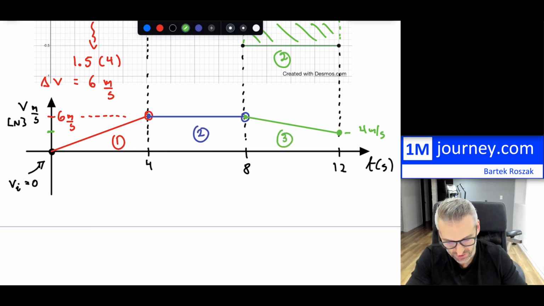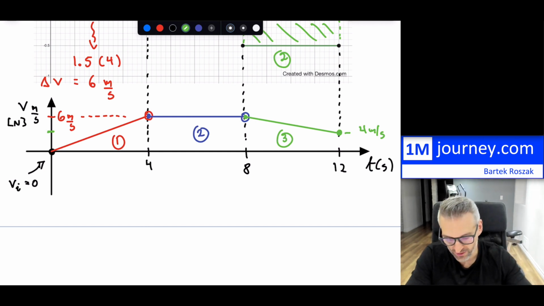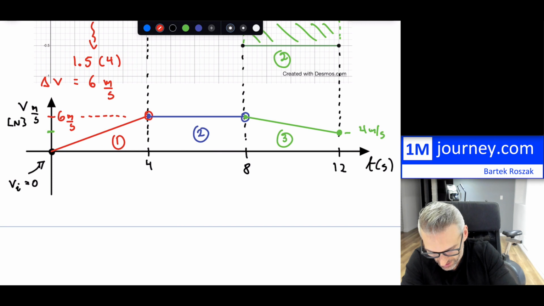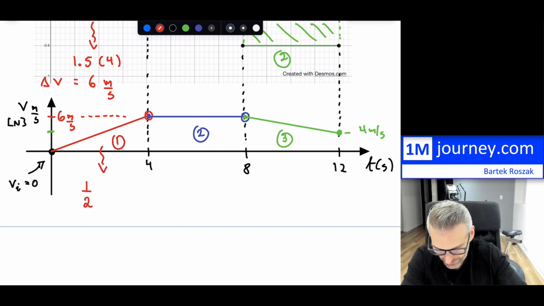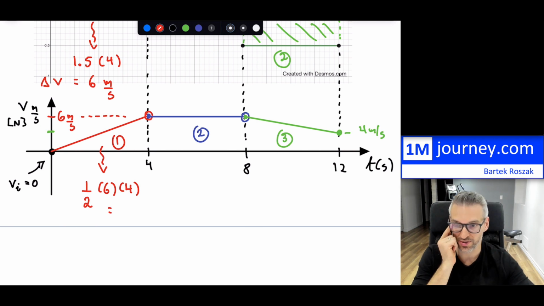Now these ones are not as nice as the previous one to find the area, but it's not a big deal, right? So the area over here, it's a triangle, so that would have been 1/2 times the height, which is 6 meters per second, multiplied by 4, right? Notice if you look at the units, meters per second times second, it's going to be just meters.